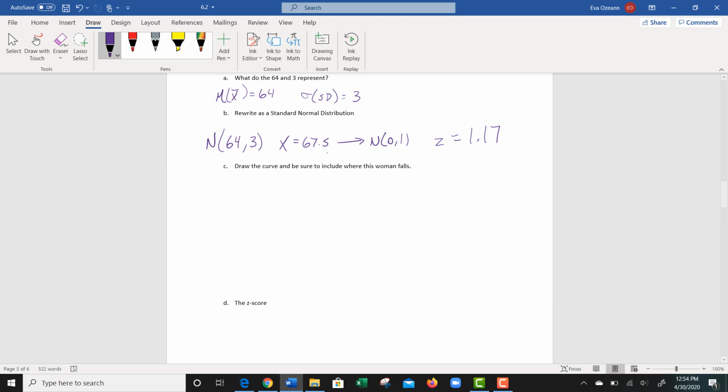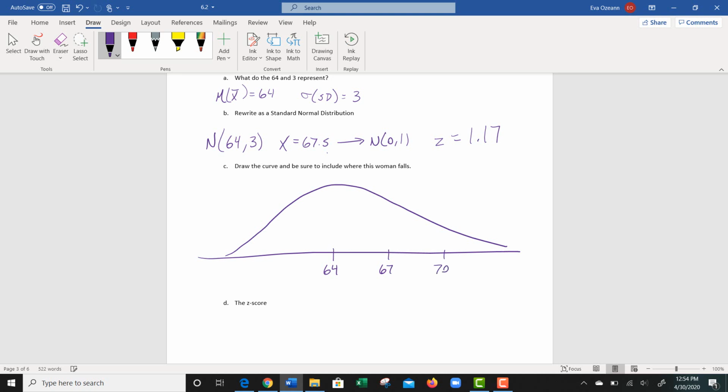So if we draw this curve and include this information, here's what we're going to get. Remember, we're going to have 64, and then 3 away would be 67, and 3 more would be 70, then 61, and 58.